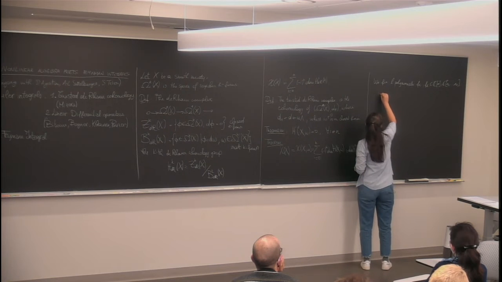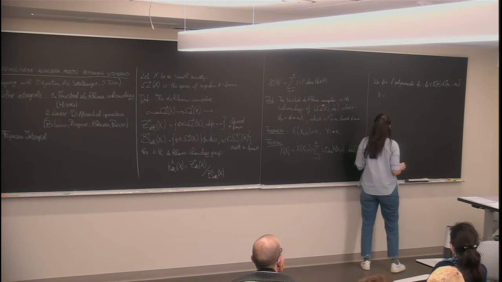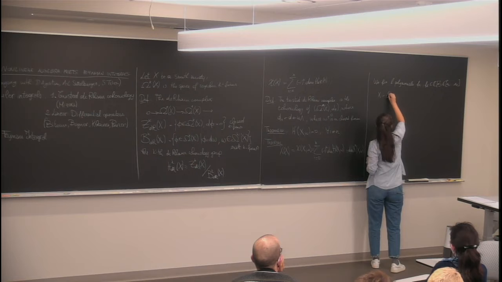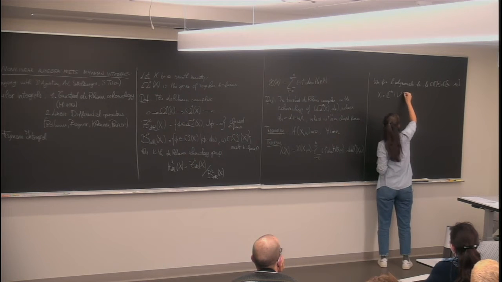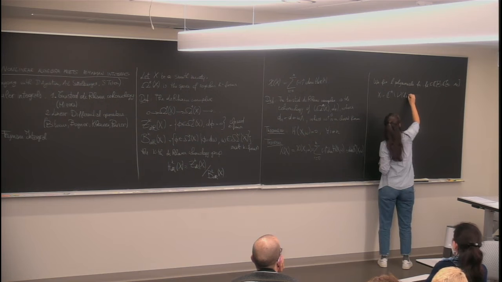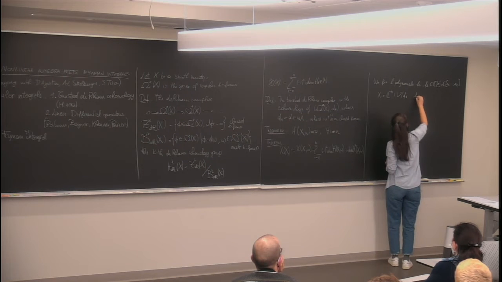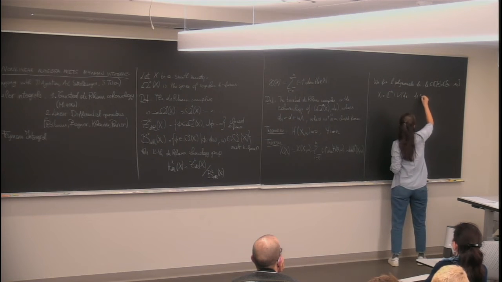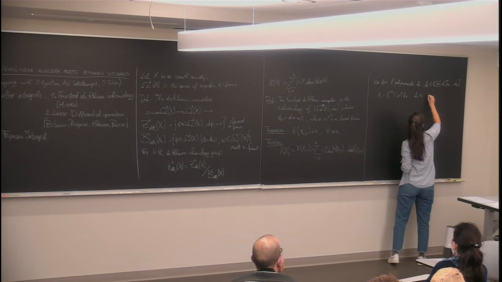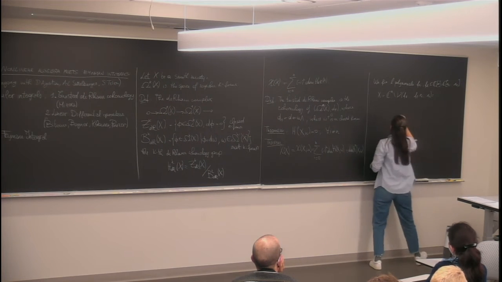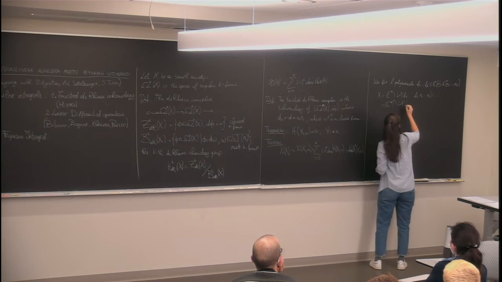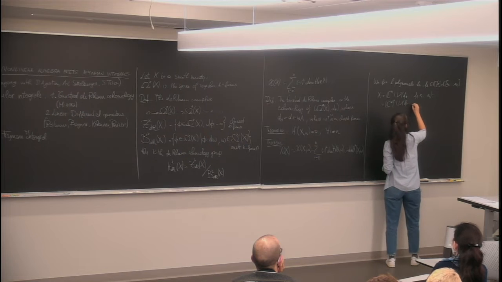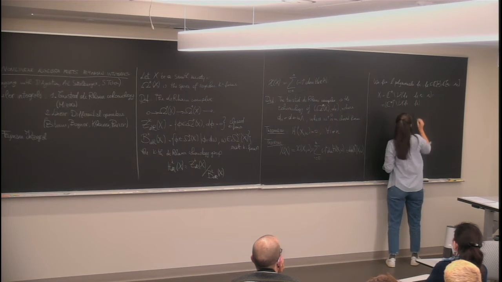And then we define X to be the complement in C^n of the variety given by the product of these l polynomials times our n variables. So if you want, this is just (C*)^n minus the variety of these l polynomials.